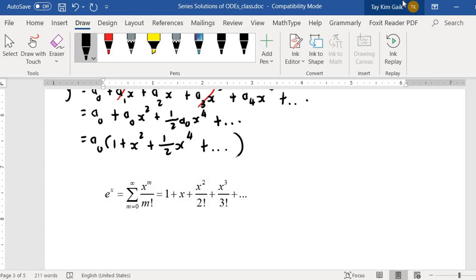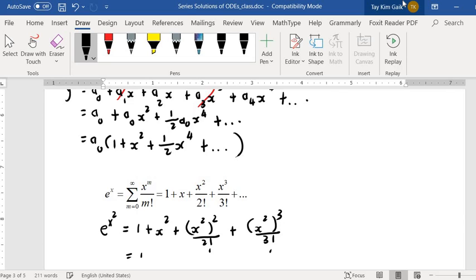If this is the power series for exponent x, then by substitution, for exponent x squared, if x is replaced by x squared, you just replace x by x squared in the power series expansion too. So you have 1 plus x squared plus x squared, squared over 2 factorial, and then x squared cubed over 3 factorial.